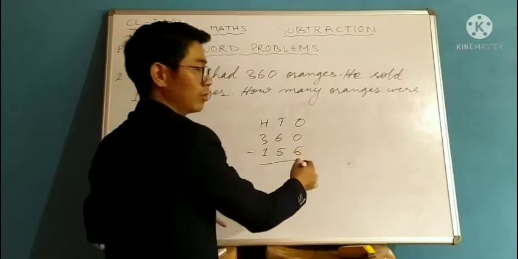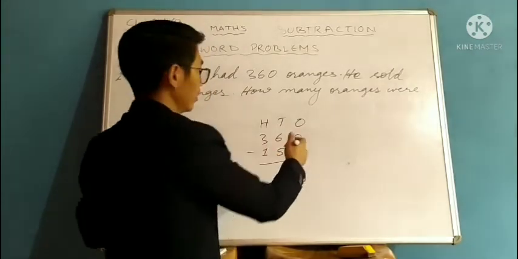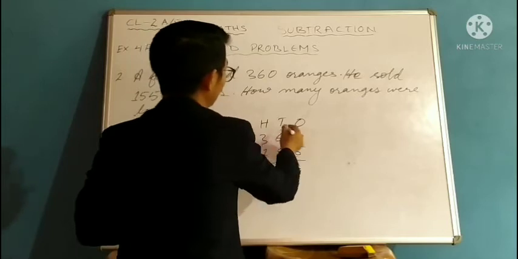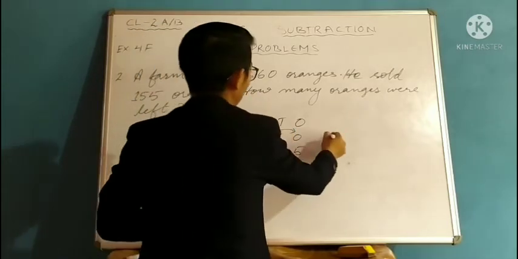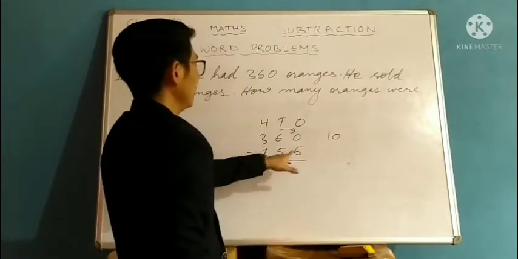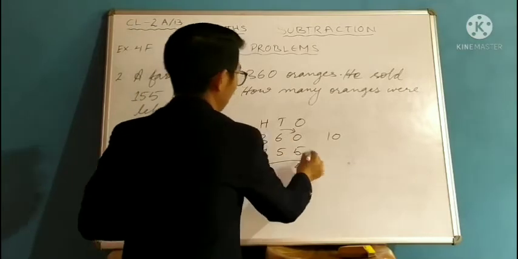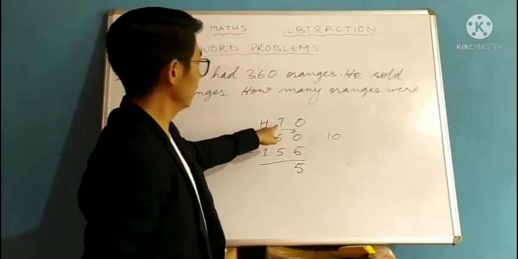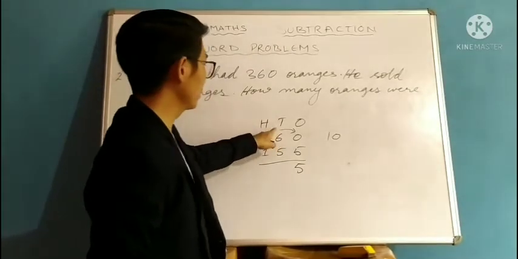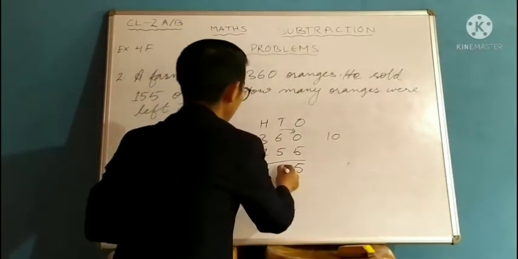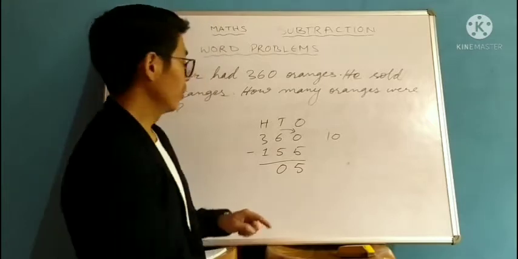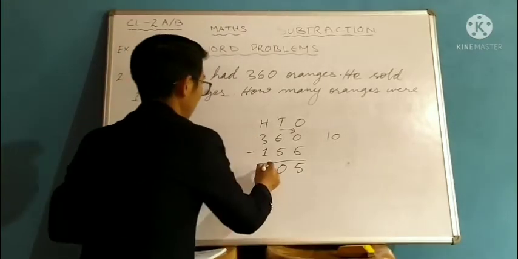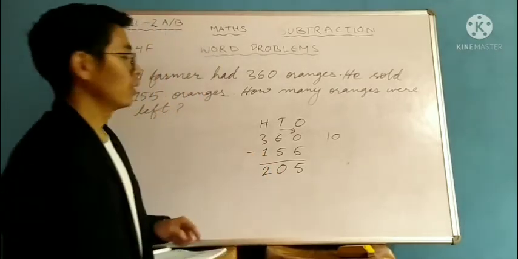Let us find out. Now 0 minus 5 is not possible, you need to borrow a number. It will be 10. Now 10 minus 5 is 5. Now which number is left in the tens place? 5. 5 minus 5 is 0. And then 3 minus 1 is 2.